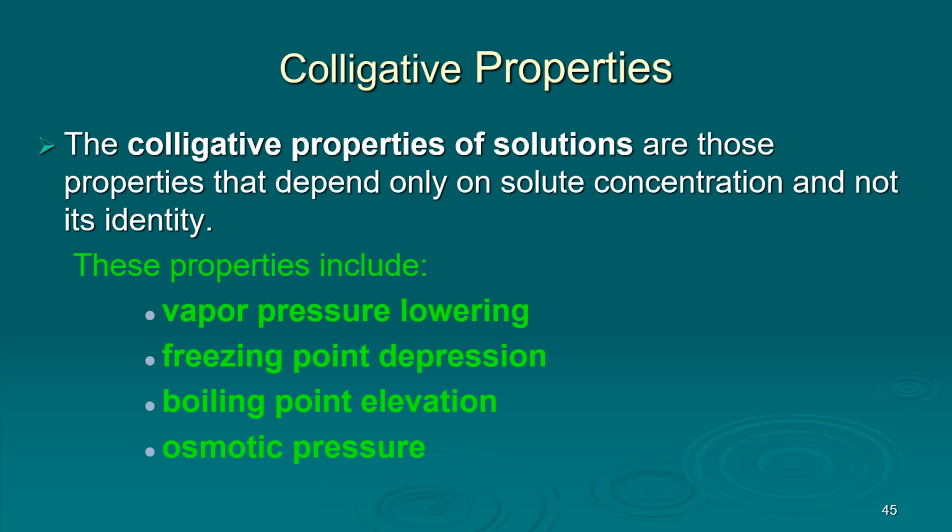And these properties are the following: vapor pressure lowering. A solution will have a lower vapor pressure than the pure solvent. Freezing point depression, meaning that the freezing point of a solution will be lower than the freezing point of the pure solvent. This is why we put salt on the streets in winter.